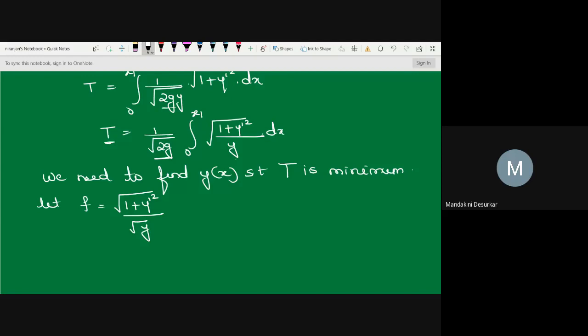So if it is independent of x, what is the equation?